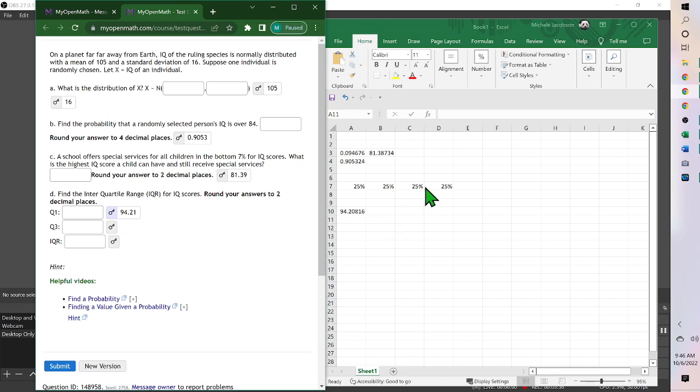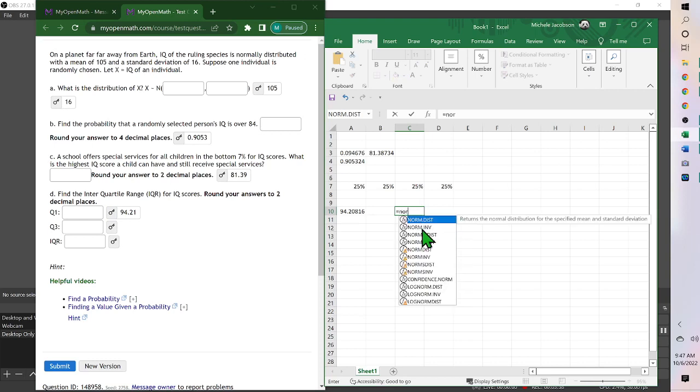To find the value here, this would be Q3, because Q1, the median, Q3. Notice that there's 3/4 below it, or 75%. So we go equals norm, inverse.